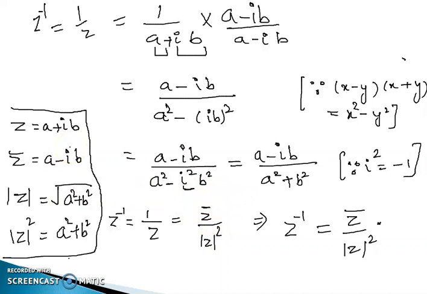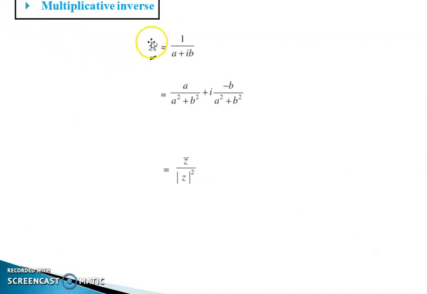So we have derived the formula that the multiplicative inverse of a complex number z is equal to z bar, its conjugate, upon mod square. Whenever we have to find a multiplicative inverse, either we can apply the formula or we can rationalize. So we will go back to the previous slide.